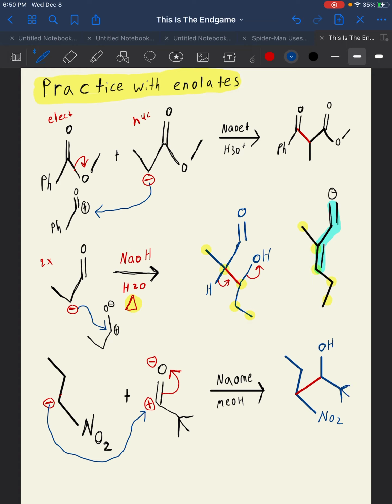Once again, always count your carbons just to make sure. We want to have 1, 2, 3, 1, 2, 3, 1, 2, 1, 2. And that is your aldol product, and we would not form an aldol condensation product with this because, once again, there's no adjacent benzene ring and there is no heat present.